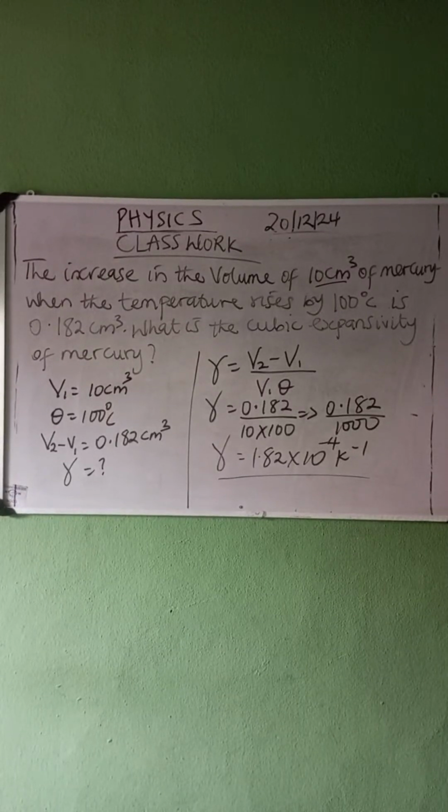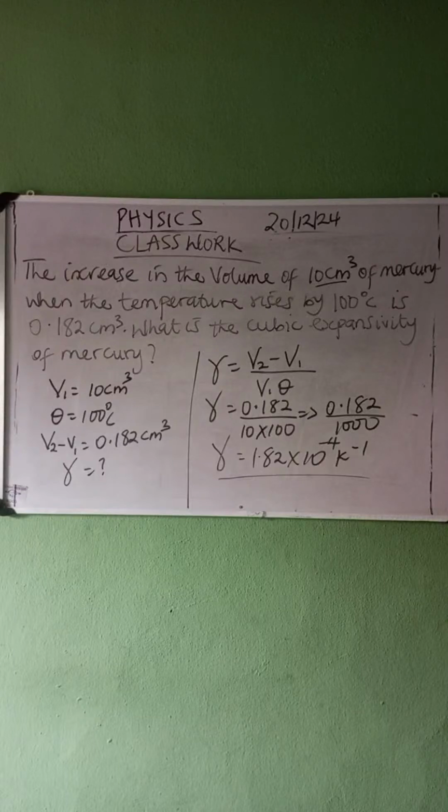All right, Christiana asked, how will you know the initial and final? Looking at this question, the increase in the volume of 10 centimeter cube, they are just telling you about the increase in the volume, but they went ahead to tell you that that is the initial volume of this particular mercury before it was heated.